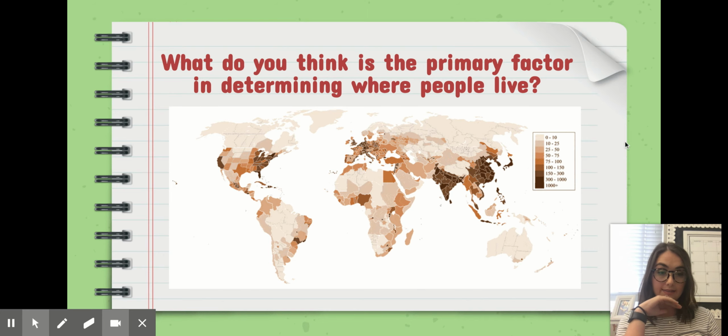So looking at that, I want you to think about what you think is the primary factor in determining where people live. So there's a reason that this is where most of the population has developed on the globe. So I just want you to think real quick, why do you think that is?